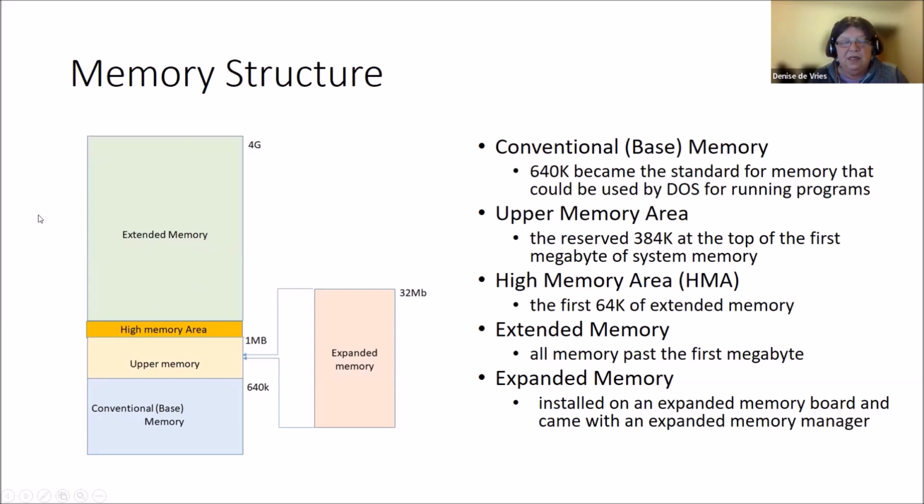And that could be as big as you wanted, as long as you wanted to buy more RAM. You could also buy an expanded memory board, and you needed another memory manager to be able to handle all that. So you had 640K here, 340K there, 64K here, and then whatever RAM you had on top of that.